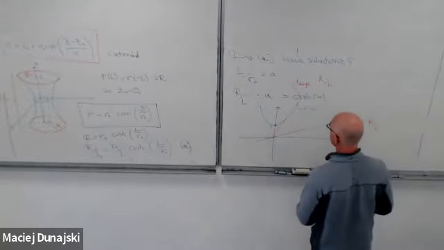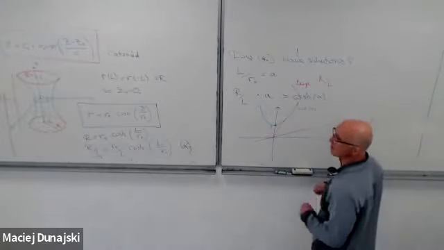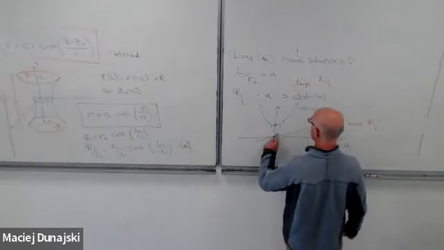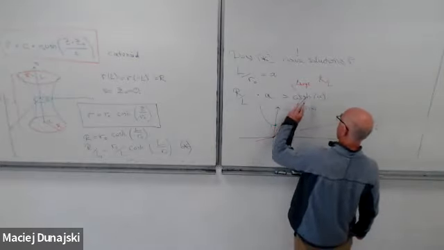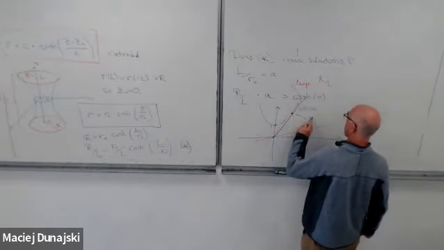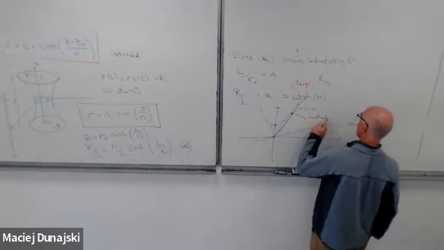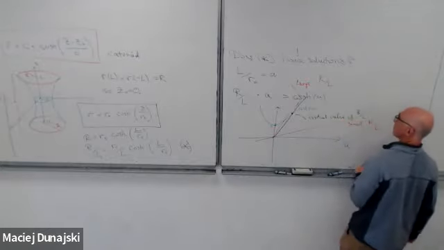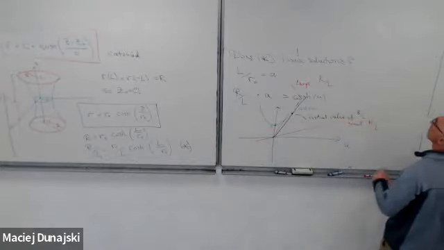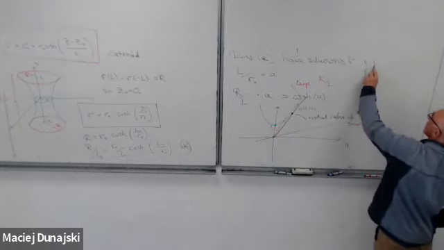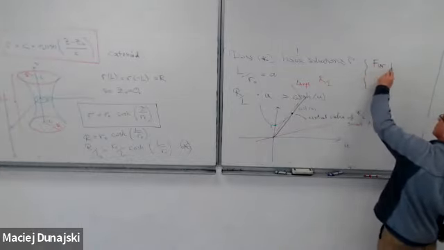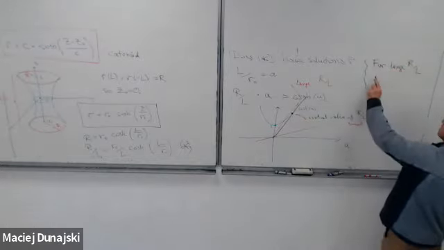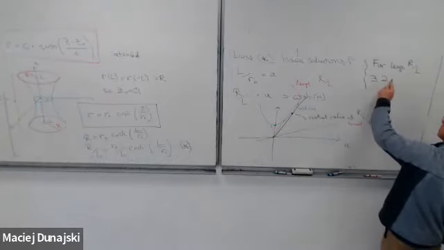There is a critical value. That one you can find numerically, the ratio of R over L, so that there is only one solution. So our conclusion is for large R over L, there exist two minimal surfaces.